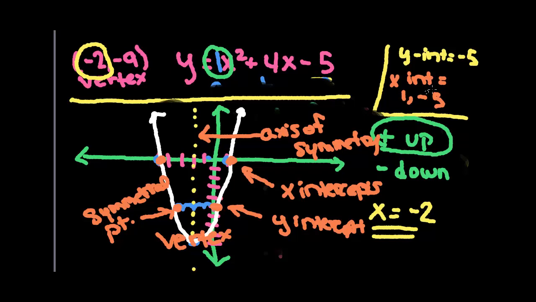Now there are some other things that might happen when you're graphing this. For instance, if you try to graph and you find out there are no x-intercepts, that will mean that your parabola never touches the x-axis. I can draw a little one here, say a parabola that looks like this. It's way up there.